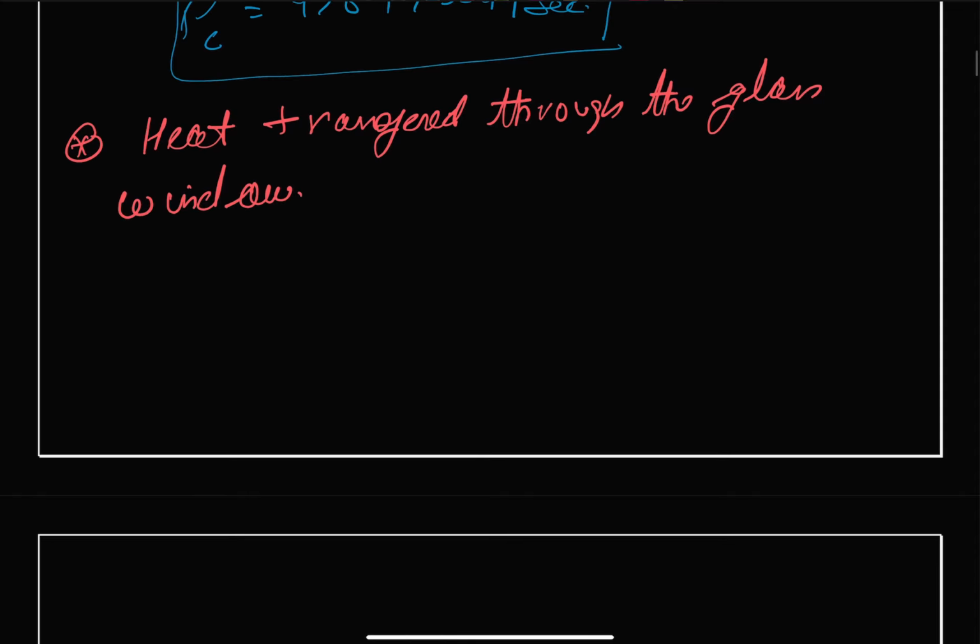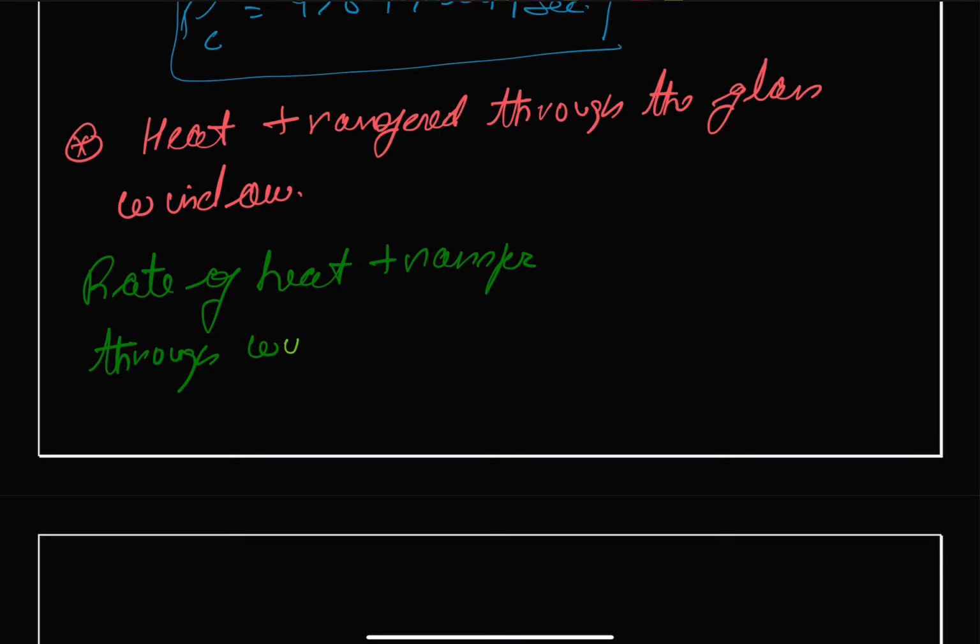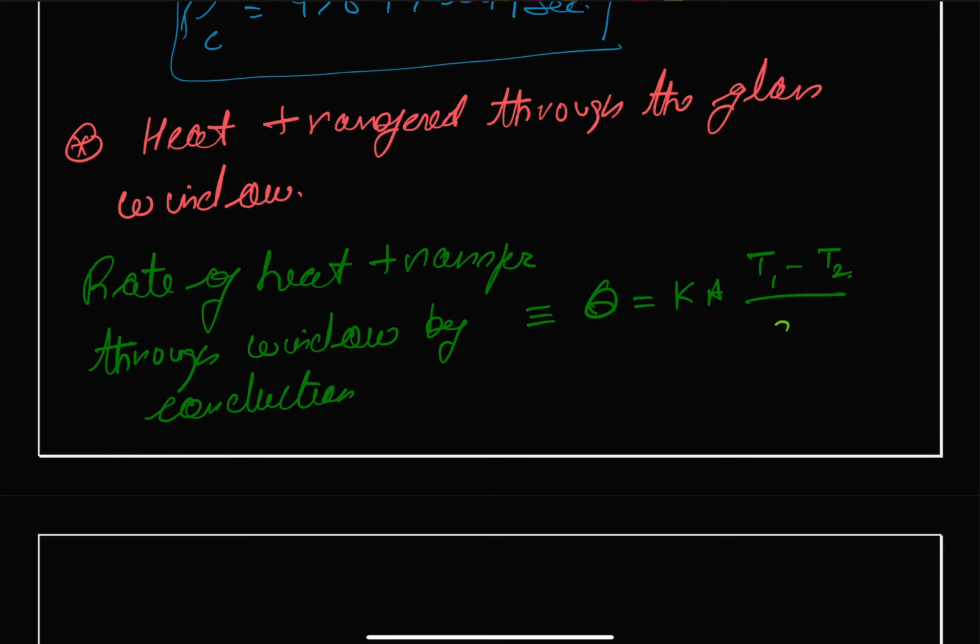So we can use that the rate of heat transfer through the window by conduction is Q is equal to KA times (T1 minus T2) divided by d.